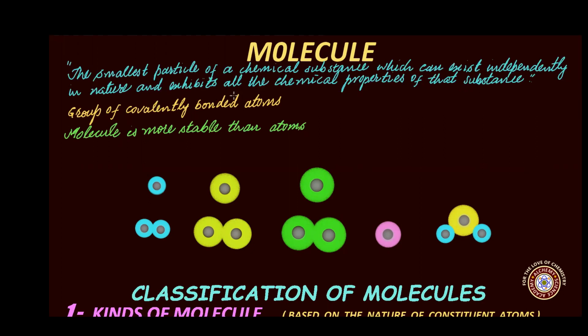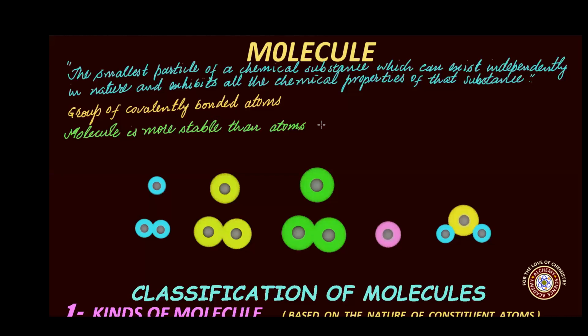In actuality, molecules are the result of covalent bonding between two or more atoms. Molecules are much more stable than individual atoms. The reason is that molecules are formed by chemical combination between two or more atoms, and we know that chemical bond formation is always an exothermic process.